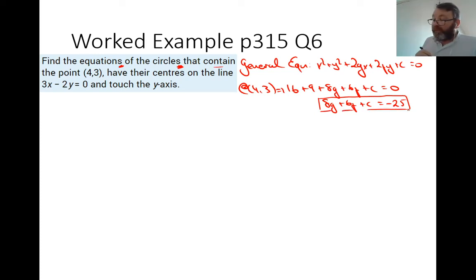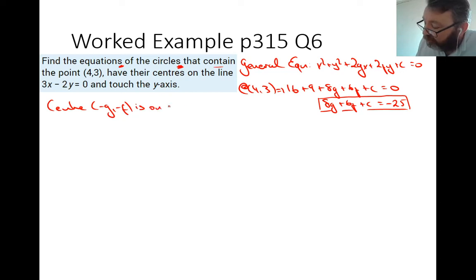Okay, equation 1. Now, where are the other two equations going to come from? Well, let's move on. They have their centers. Well, what's the center of the general form of an equation? It's not a numerical center, it's (minus g, minus f). So the center, which is (minus g, minus f) of these particular circles, is on 3x minus 2y is equal to 0. So what does that mean?